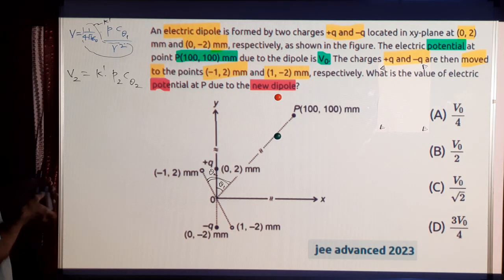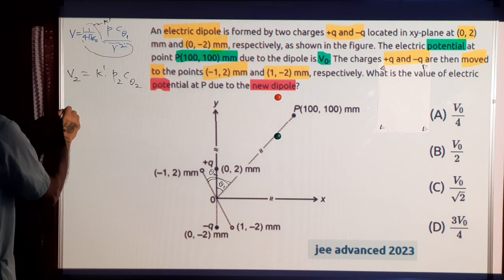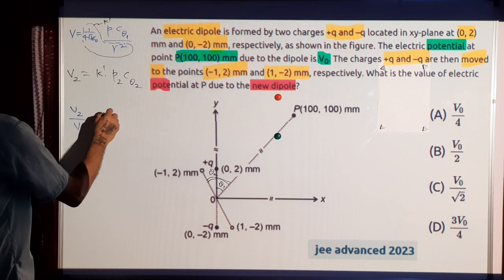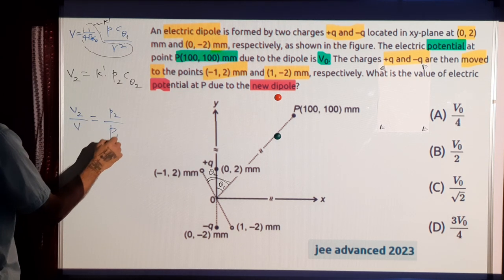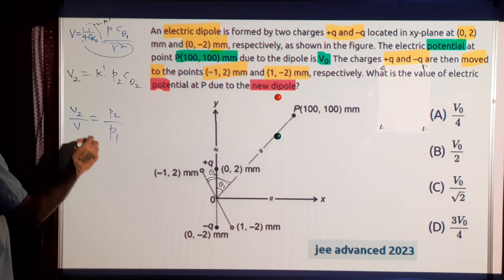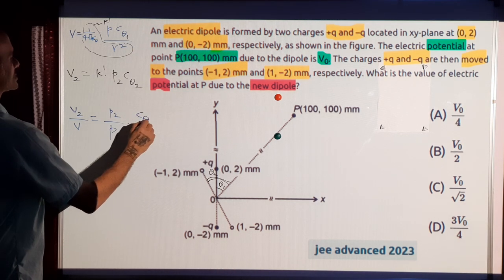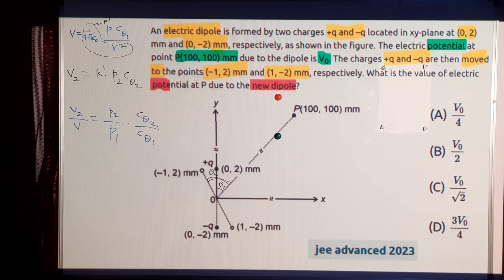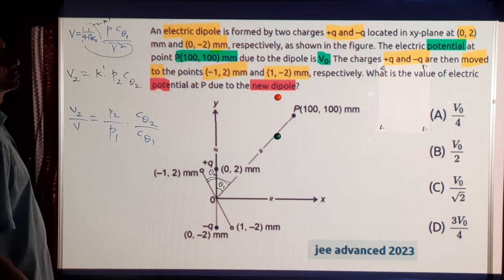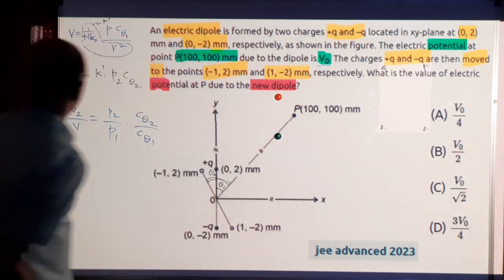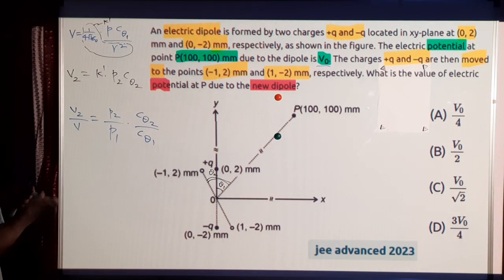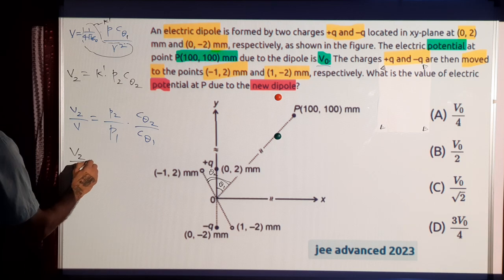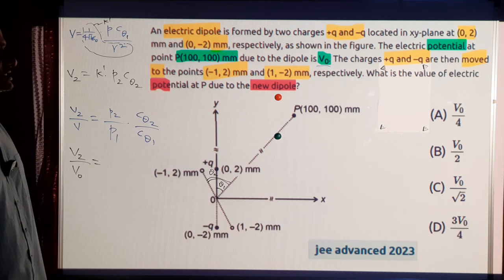Okay, so V2 by V1, the first potential, is P2 by P1, the dipole moment, into cos theta 2 by cos theta 1. And this V1 is given as V0. So V2 by V0.